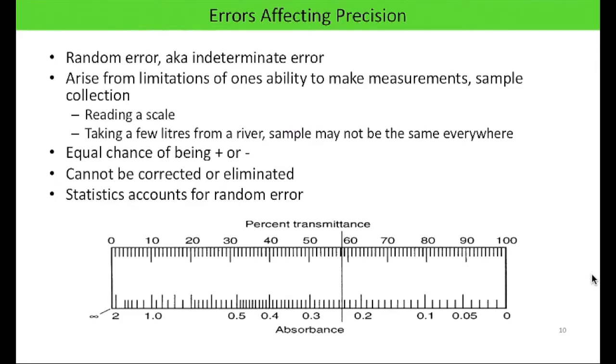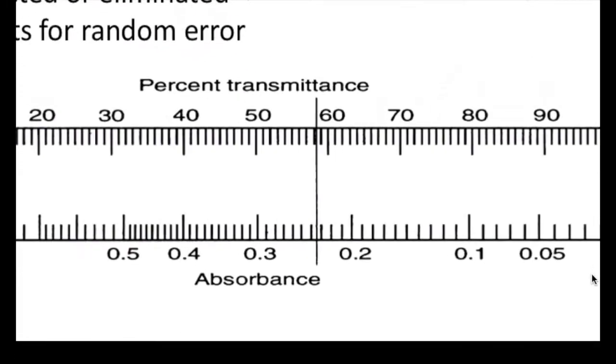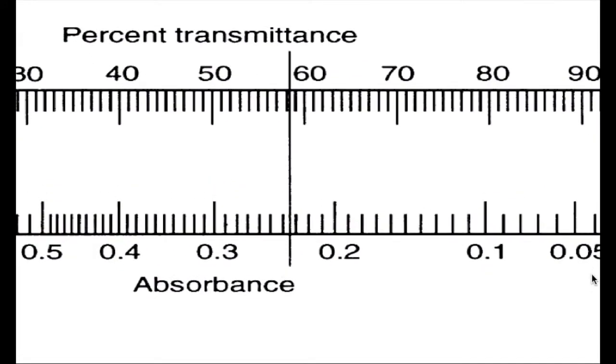Now, random errors or indeterminate errors, they affect precision, and they arise from the limitations on our ability to make measurements. So if we were to read a scale, we saw this example before, right? So what is the reading up there? Some of you may read it as 58.1, some of you may read it as 58.2, some of you may read it as 58.3.